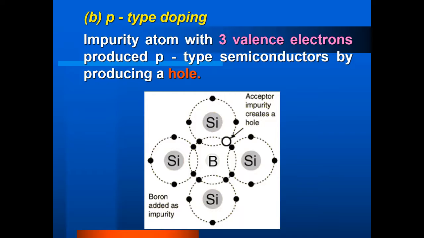For example, we use boron, and this impurity has 3 valence electrons to form the covalent bond: 1, 2, and 3. So this is the empty space, which we call a hole. These holes will allow an electron from nearby to fill in.